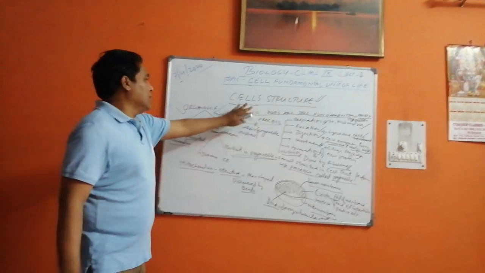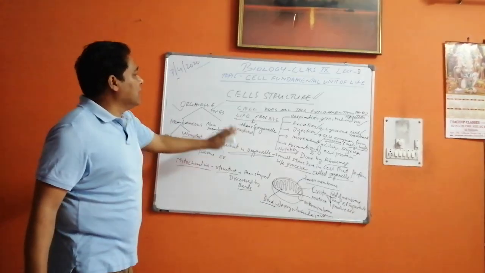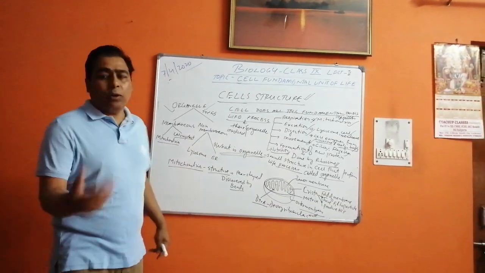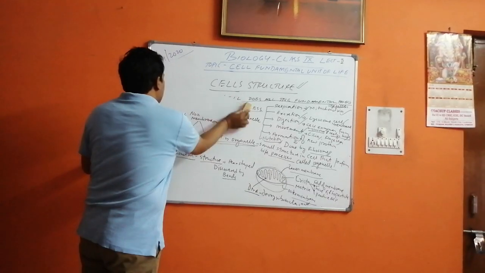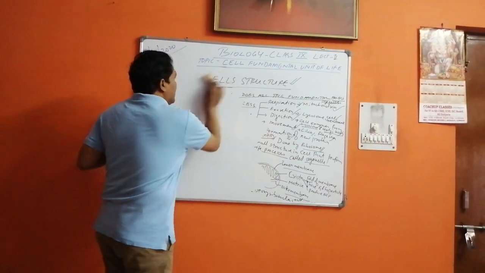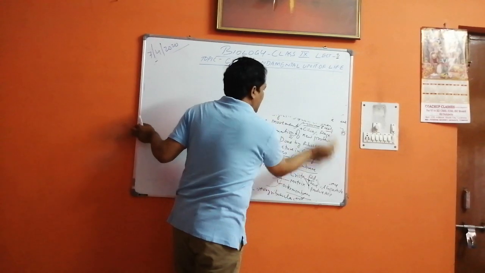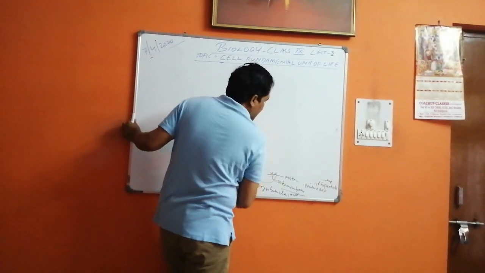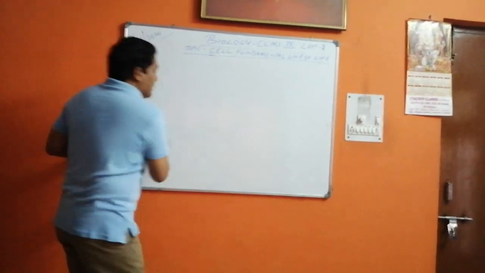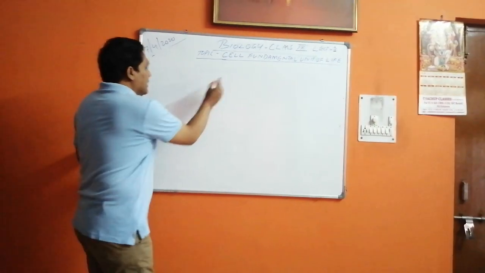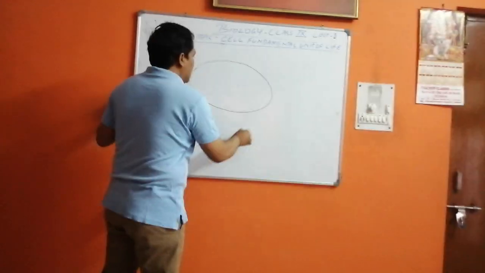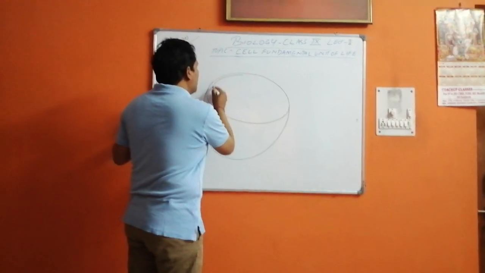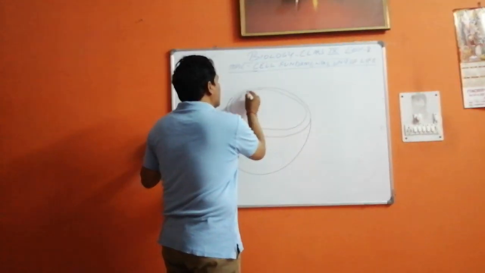Now children, here I have talked about all this. Now I will be talking about another organelle which is very important, and its name is chloroplast. Let me rub this and then I am going to start with that. Chloroplast is a very important structure. Again, it is also a double membrane structure.